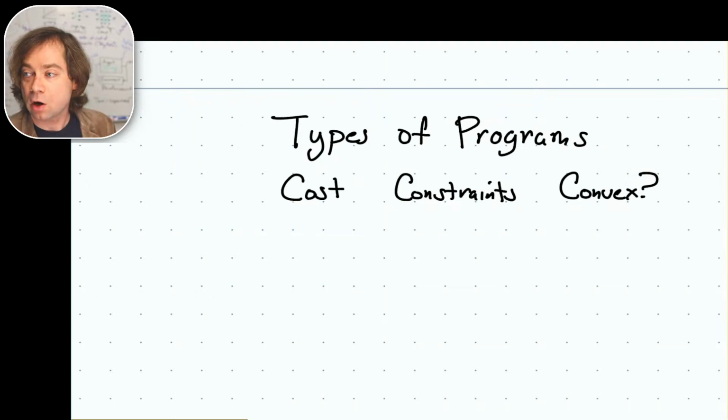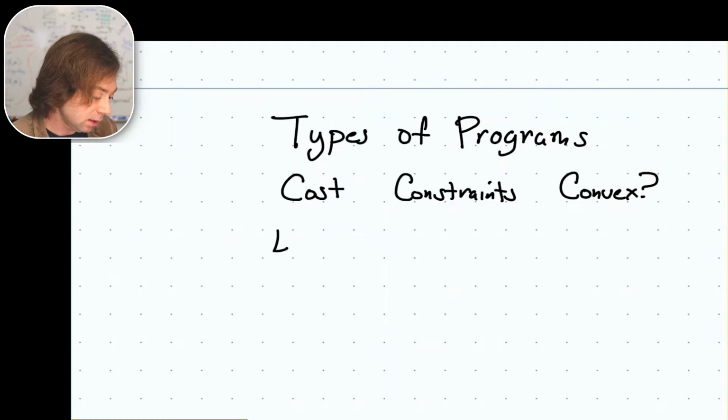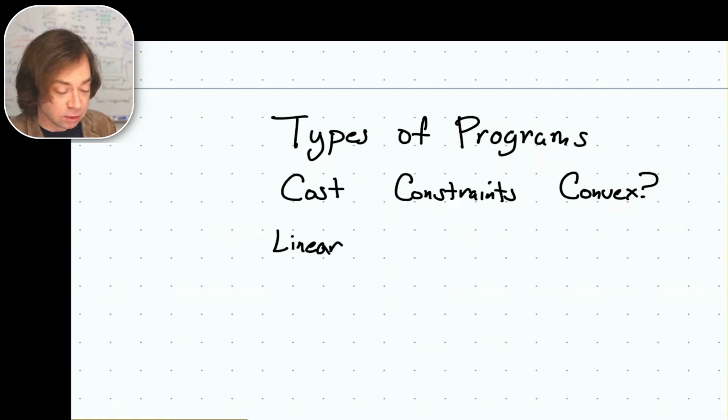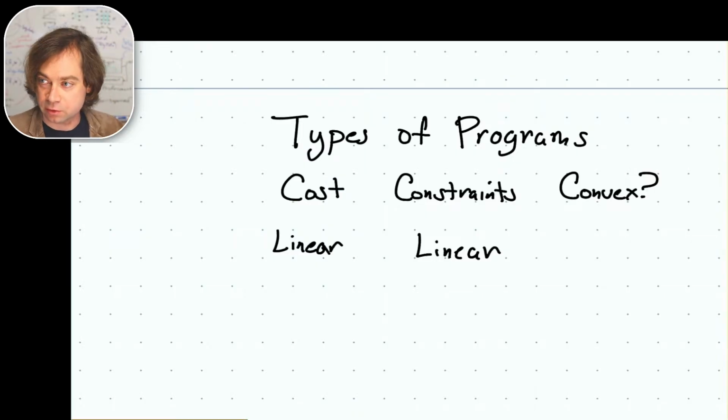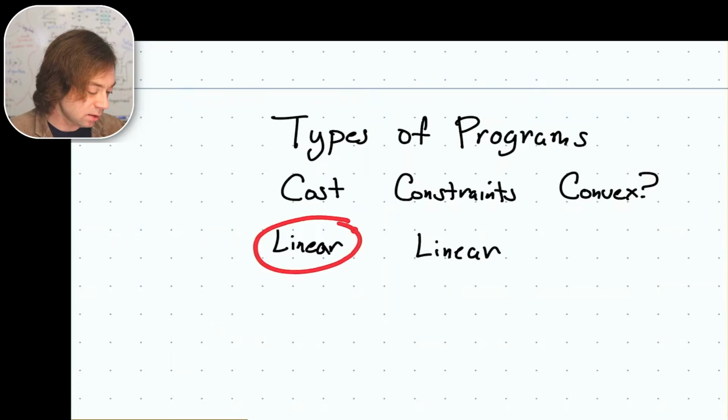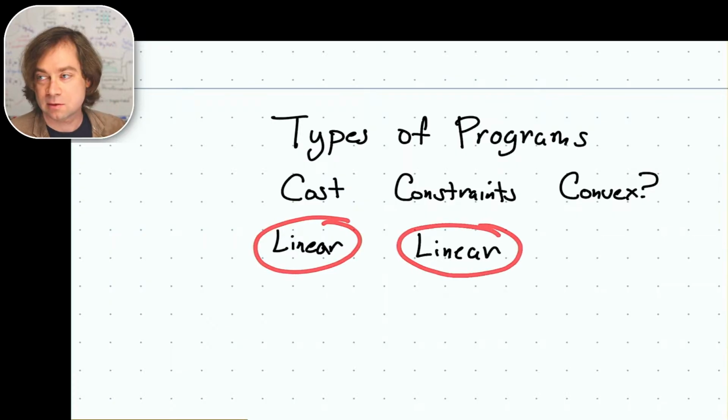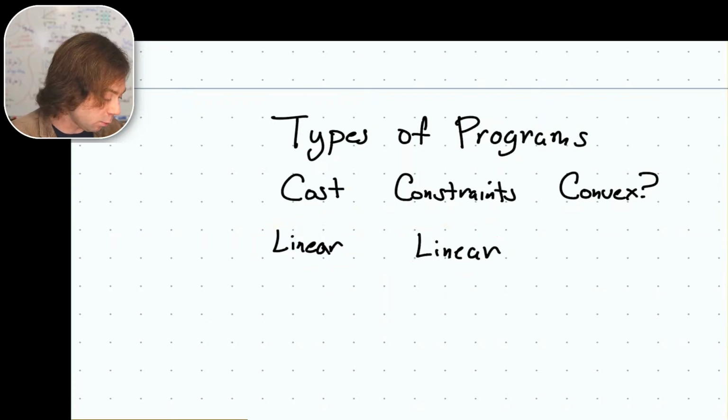So if your cost is linear and your constraints are linear, what kind of program do we have? And I've said it 16 times already in this lecture, so you should know the answer. If you have a linear cost, you have linear constraints, you have a linear program, or LP.